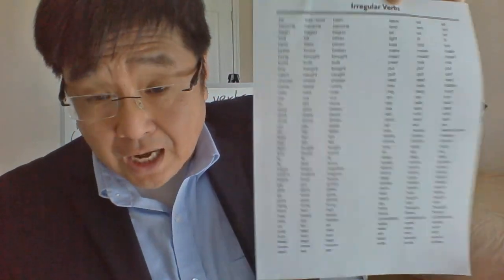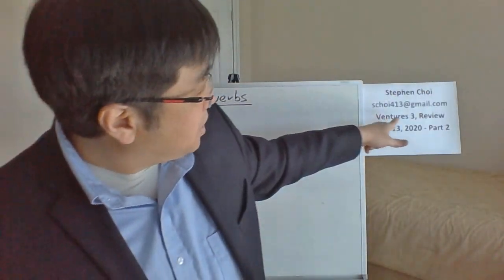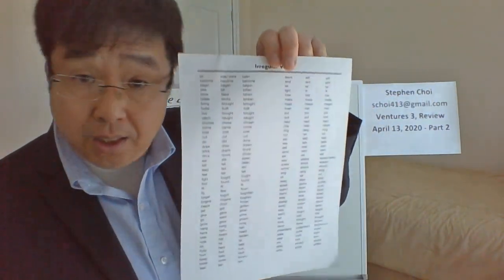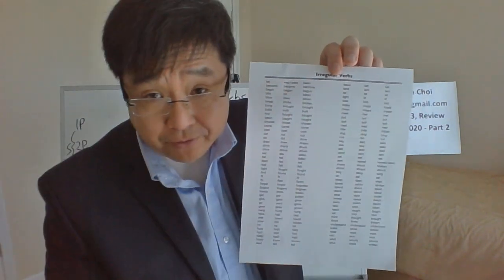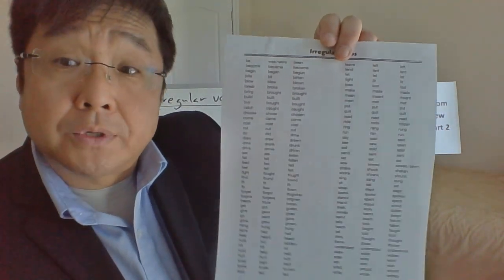But if you'd like a copy, email me at schoi413@gmail.com, and I will send it to you. You'd have to print it out. This is a list of the most common irregular verbs in English, not an exhaustive list.